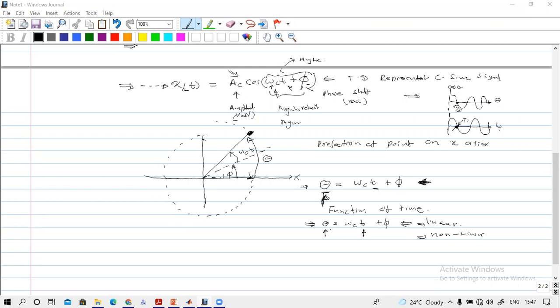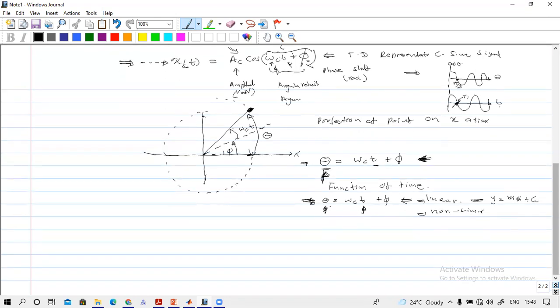This is a linear function, because it is in the form of y equals mx plus c. So this theta is changing linearly with time. That is one property of a sinusoidal signal.